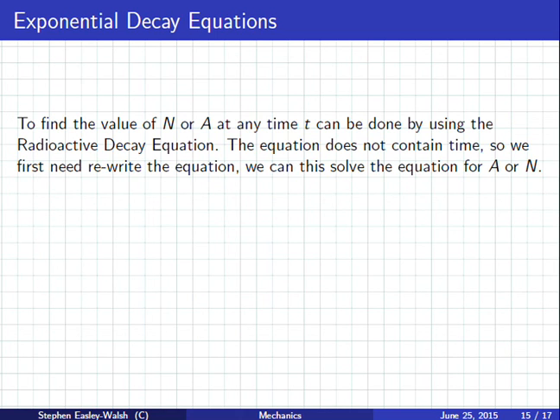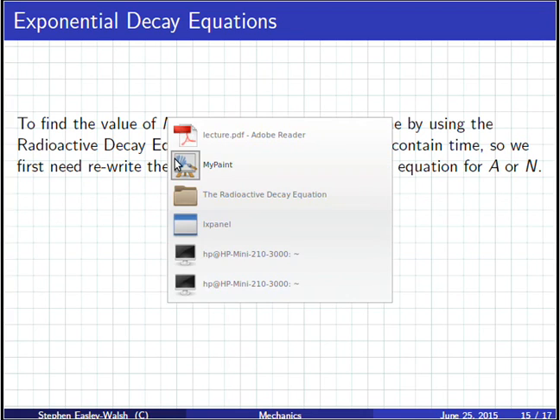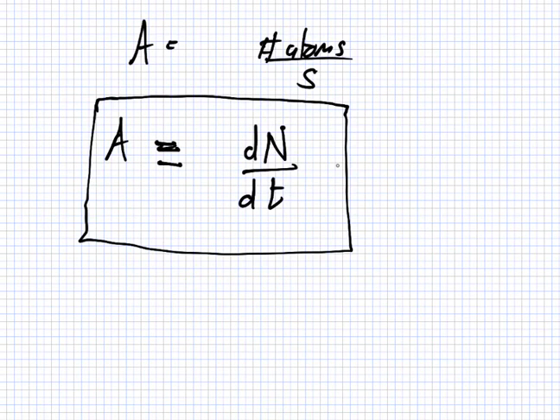So if we want to find N or A at some time, we can use the equation I gave you a moment ago, A equals minus lambda N. But the problem with this equation is it doesn't have time in it. A equals minus lambda N, there's no time in it, is there?